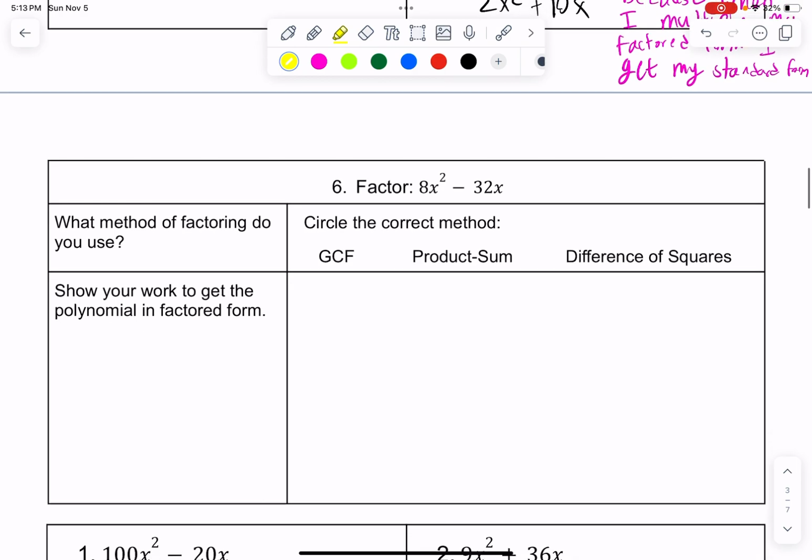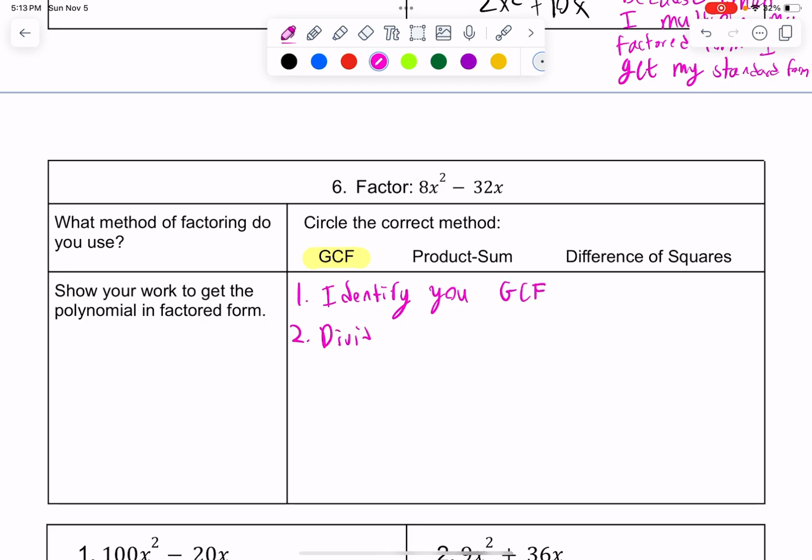So here, I'll let you guys know on that next problem, on that next page, you will see that you have your GCF method. So first, you're going to have to identify your GCF. Then you will have to divide by your GCF.